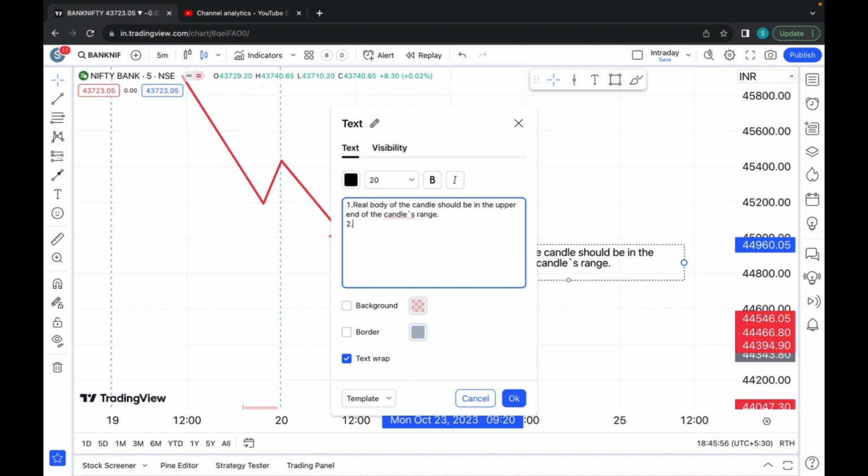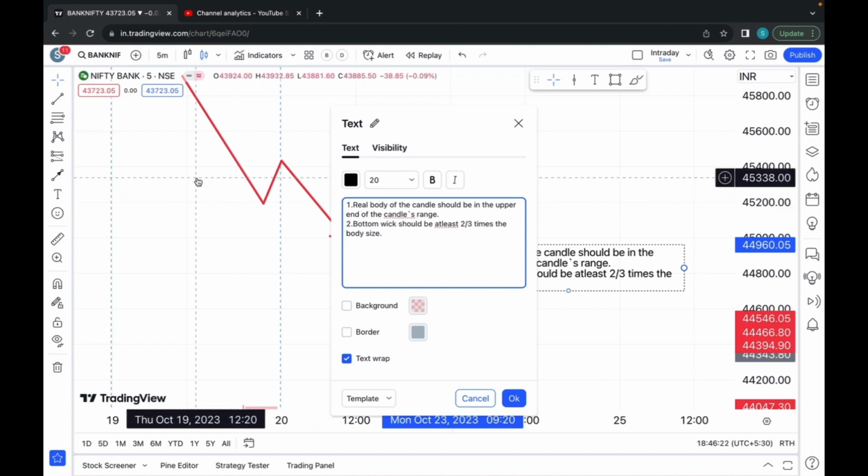And your second condition is that the bottom wick should be at least 2 to 3 times the body size. Don't worry, we'll look at the real time candles in our Bank Nifty chart, and I'll explain it with a real time example.